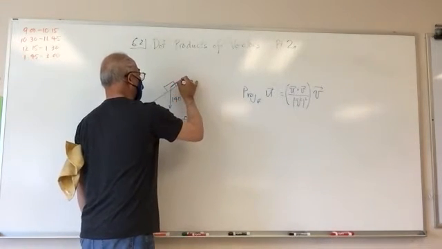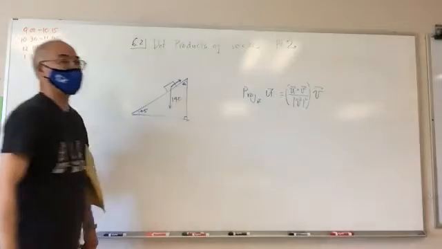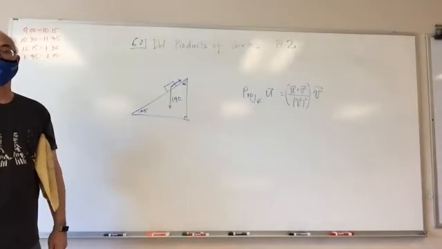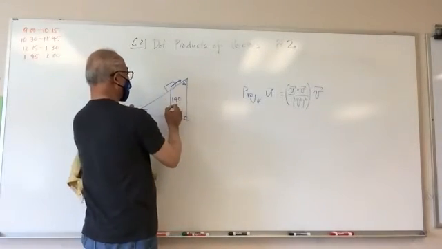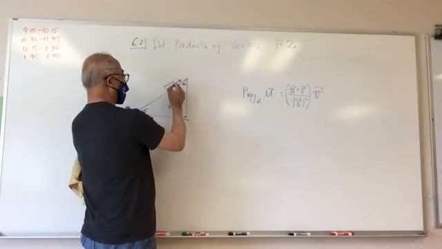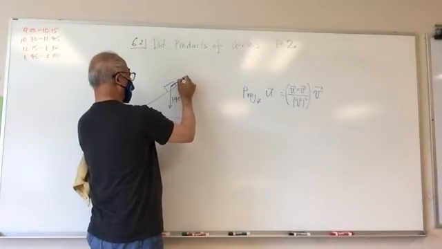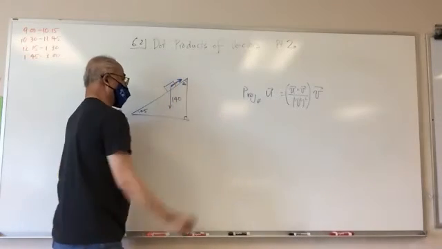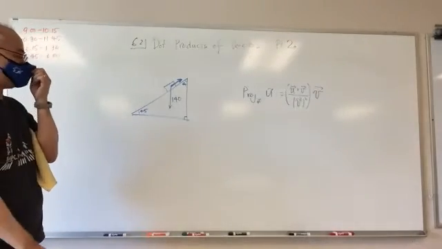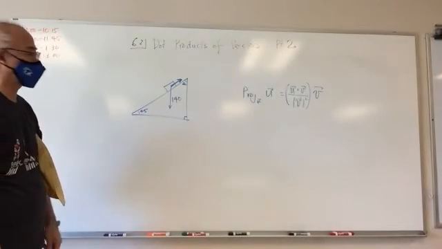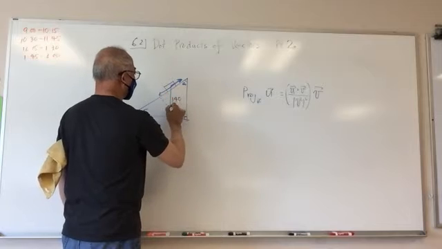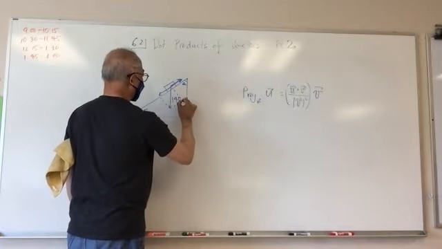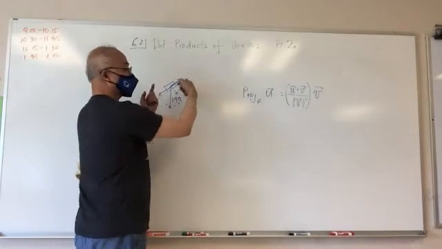Rafaela is pulling this way. So you're going to project this vector onto this vector here. Because this vector here is going to be the same as this guy, because they have to be equal so it's not moving.